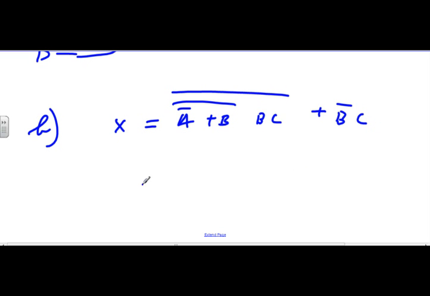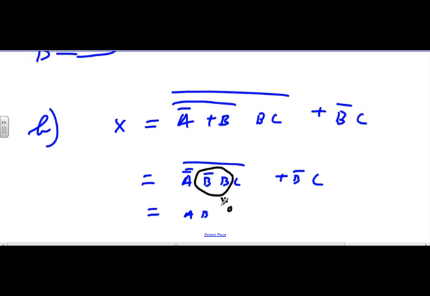Okay, well, we have A double knotted, B', BC', B'C. We've got A, B'B is 0. Right there, B'B is 0. So all we have left over is just B'C and we're done.